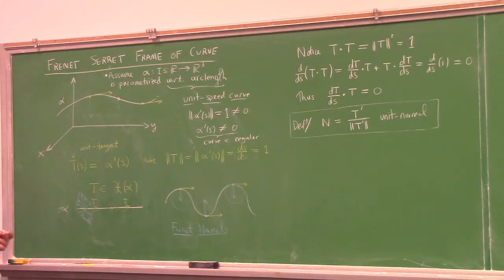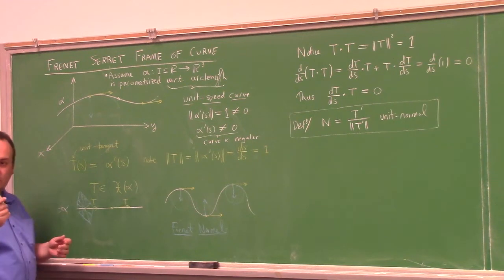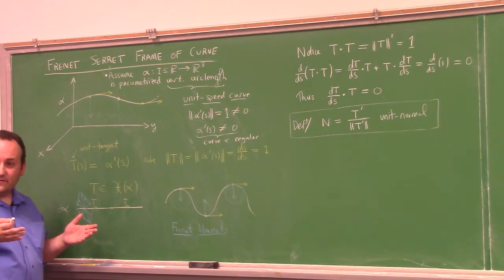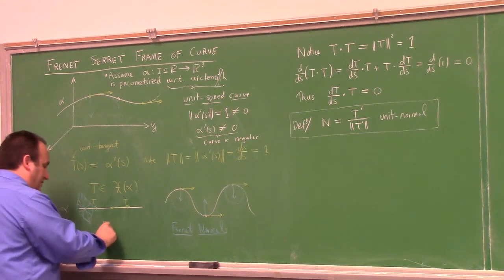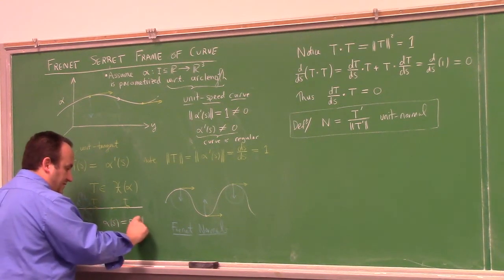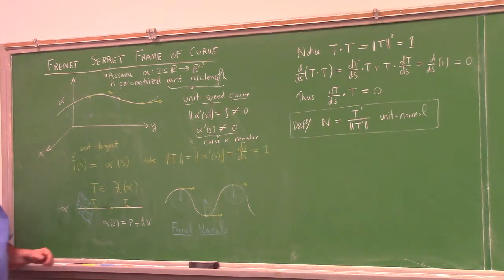And it's not an accident that you can prove, this was the theorem I didn't prove but stated at the end of last class, that a parameterized curve is a line if and only if alpha of s is equal to p plus s times its direction vector v.